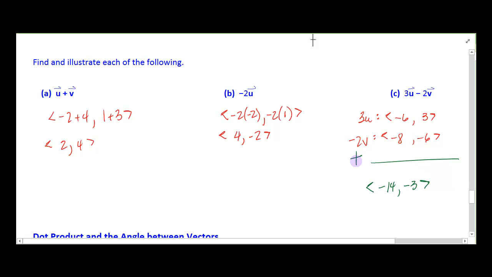So I chose to add because I first multiplied by a negative. If you had just multiplied by a positive 2, you would then subtract, and you end up with the same values. So these are just a few examples of how we would perform operations with our vectors.